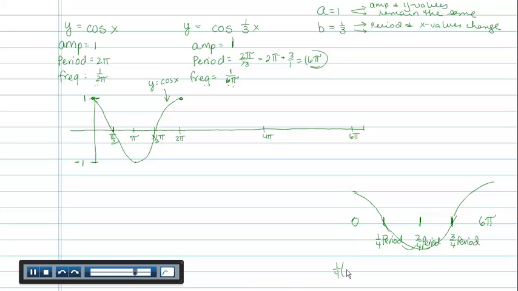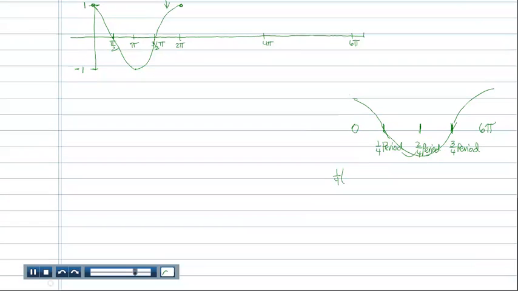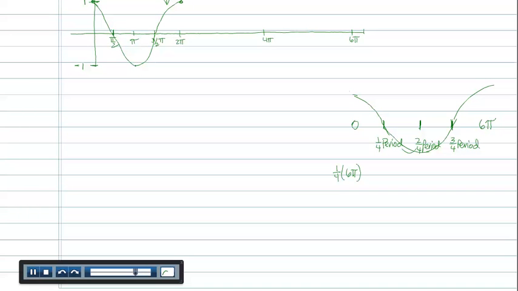1/4 of the period. The period is 6 pi. So that is 2 times 2, 2 times 3, 3 over 2 pi. So that's this first point right here. Oh, look, we already have it. So that's going to be this point right here. Alright, the next point is 2/4 of the period, the period being 6 pi.